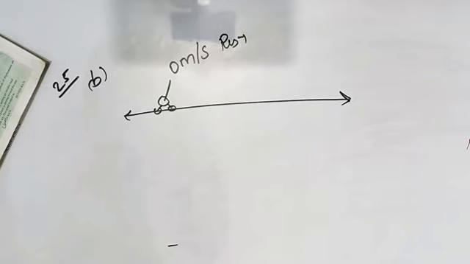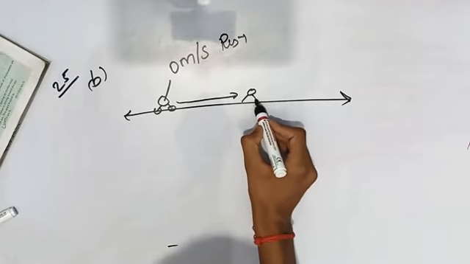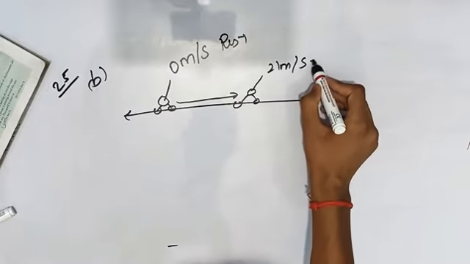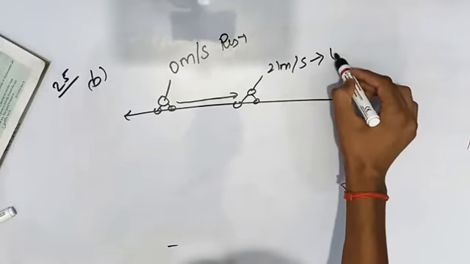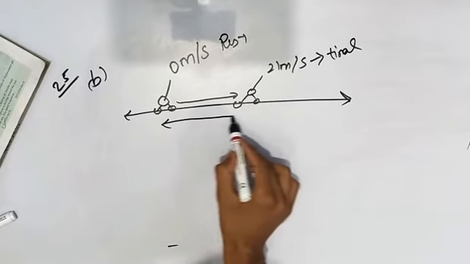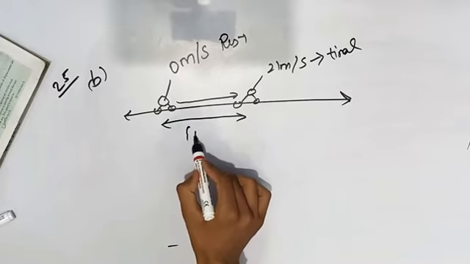Okay friends, and it attains a speed of 21 meter per second. Means we can say it as a final velocity, and the time taken to attain this speed is 1 minute.